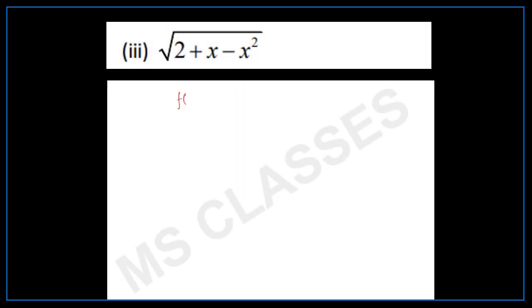f(x) is given by root over 2 plus x minus x squared. Now we have to find the domain of this.